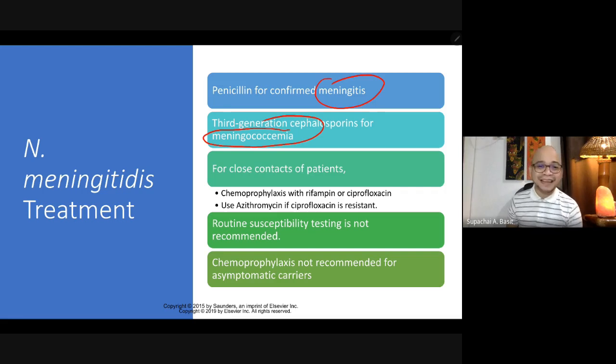And chemoprophylaxis is also not recommended for asymptomatic carriers. Okay? So that is for Neisseria meningitidis treatment. So pwede pala, no, yung mga bantay ng patient, yung mga nurses or attending physicians who are in direct close contact with patients can take chemoprophylaxis.